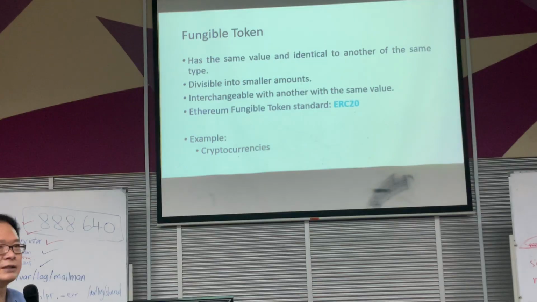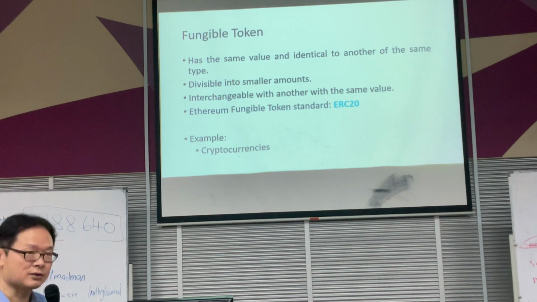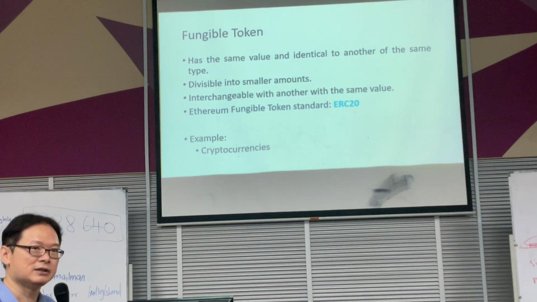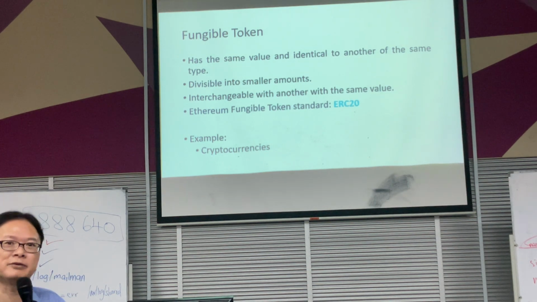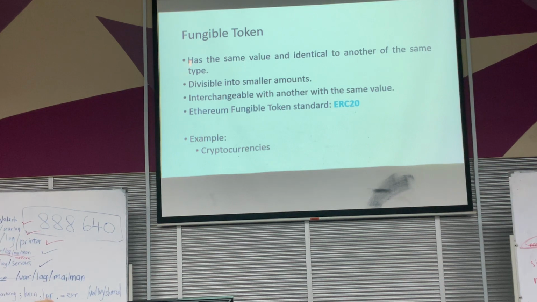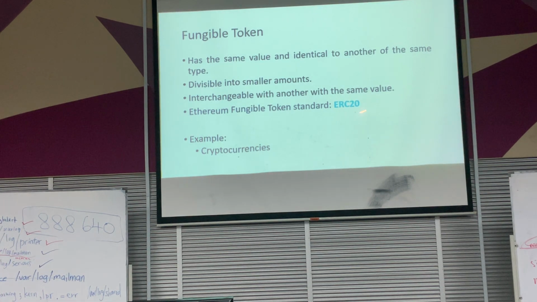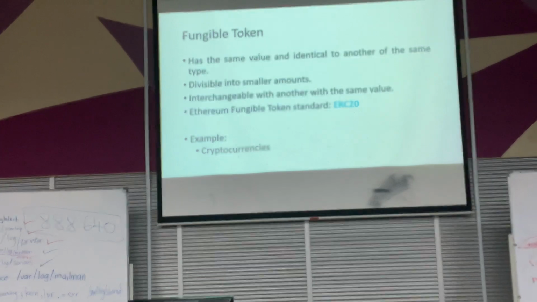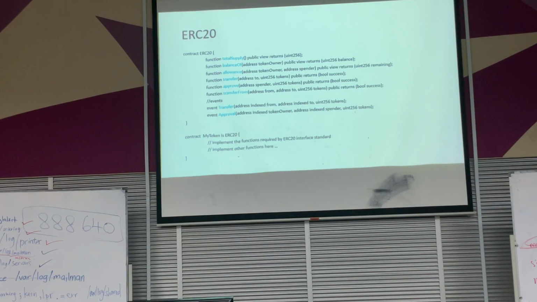So that the token you come up with, the created token, means the smart contract you write. You write a smart contract to create a token. Then your token can have all these characteristics if you follow closely whatever is required in this standard called ERC20. Remember, ERC20 is for fungible token. So this is an example of the interfaces of this standard.